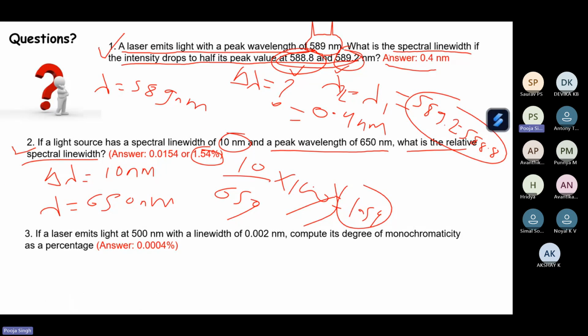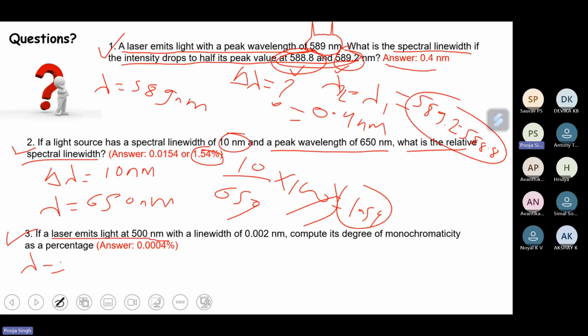Then the next question. Next is also easy. What is given is a laser emits light at 500 nanometer, so lambda is given as 500 nanometer, with a line width, meaning delta lambda, of 0.0002 nanometer. Then compute the degree of monochromaticity.